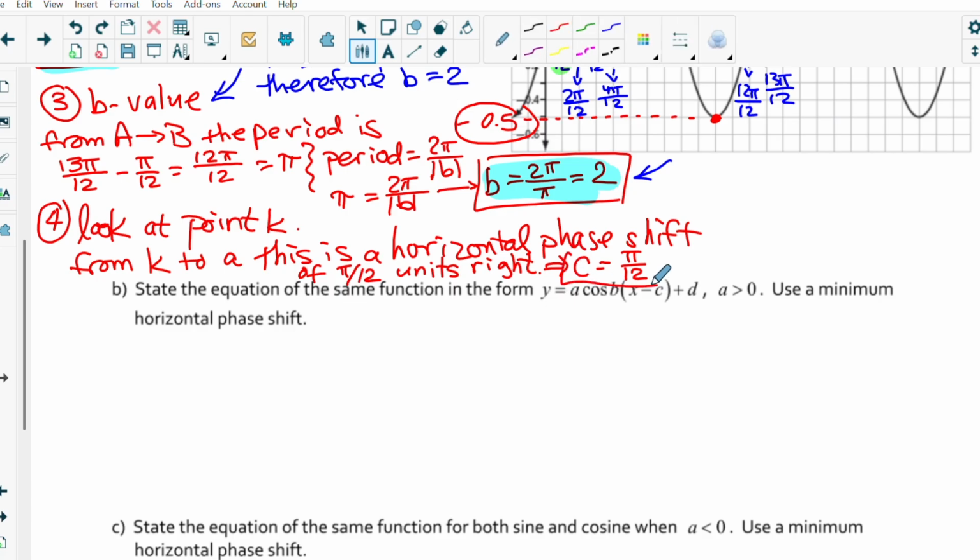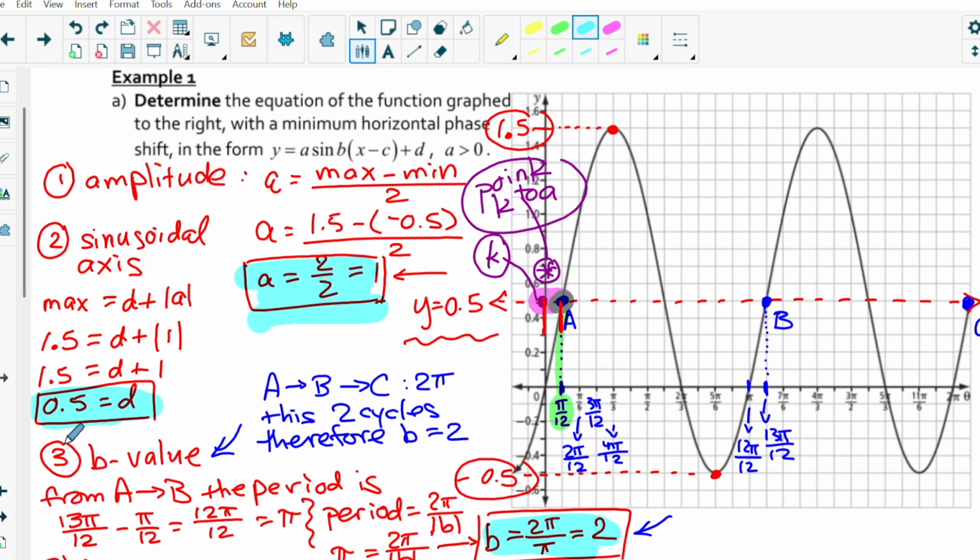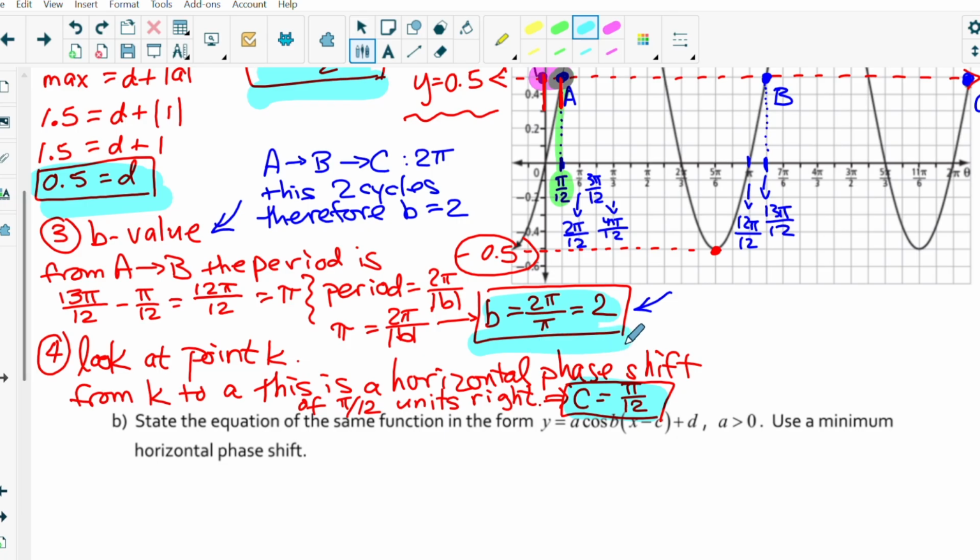Let me put this in a box. I have my A value, my D value, my B value, and now my C value. Let me write all of that in red: A equals 1, B equals 2, C equals pi over 12, and D equals 0.5.